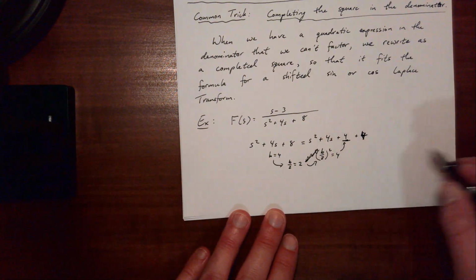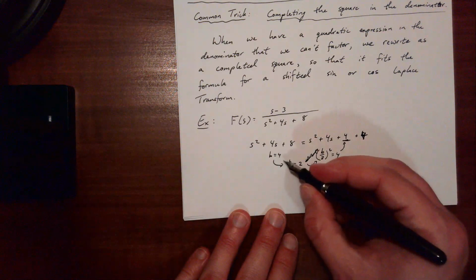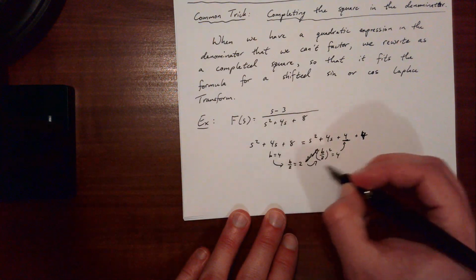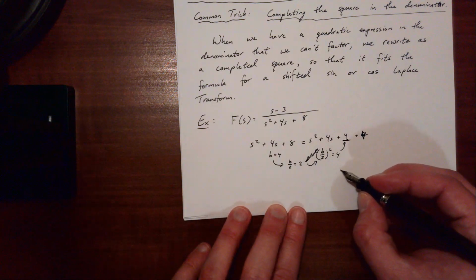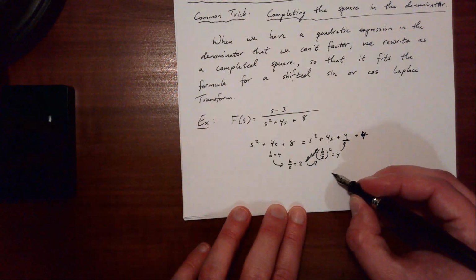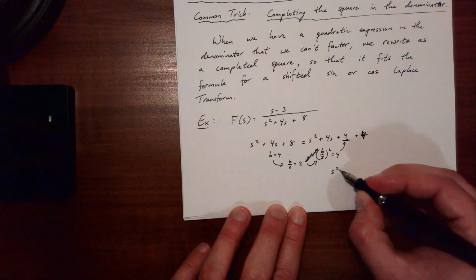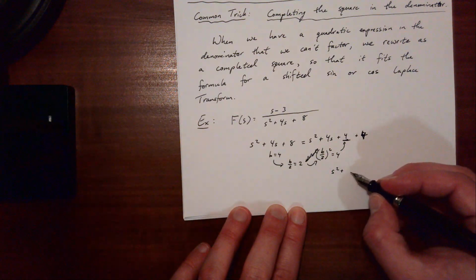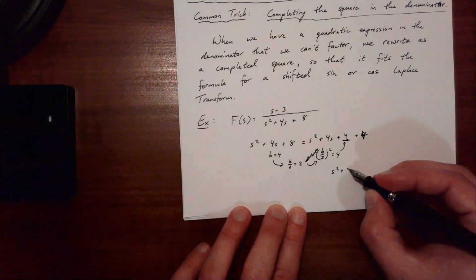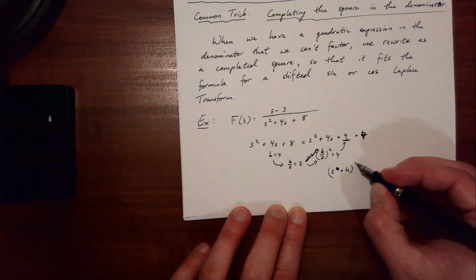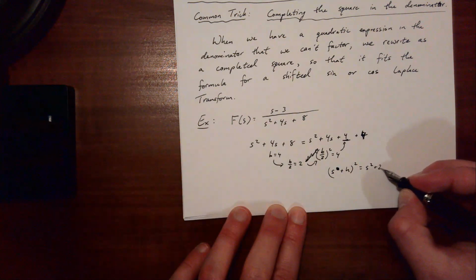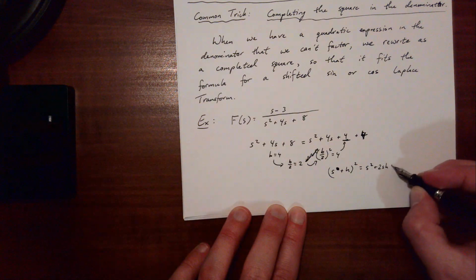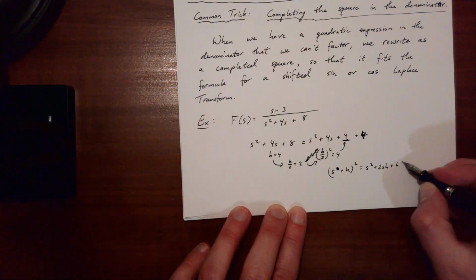And the reason why this process works is that you take the b coefficient and divide it by 2, you square it, and that's what the third term has to be. It's because if we have a perfect square, s plus h squared, that's going to equal s squared plus 2sh plus h squared.